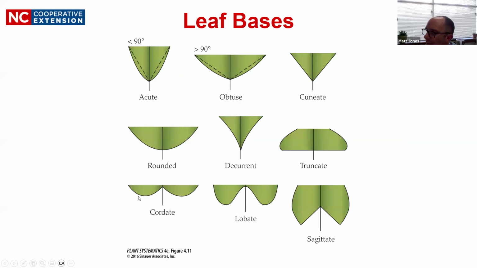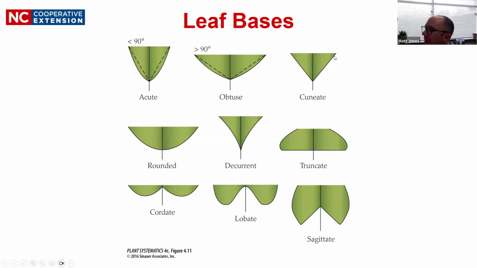And then if the bottom of the leaf is more shaped like the top of a heart, it's said to be a cordate base. So a good example here would be redbud. And then sagittate refers to kind of an arrowhead shape. Think Sagittarius, for example. I would make an astrology joke, but I'll resist.